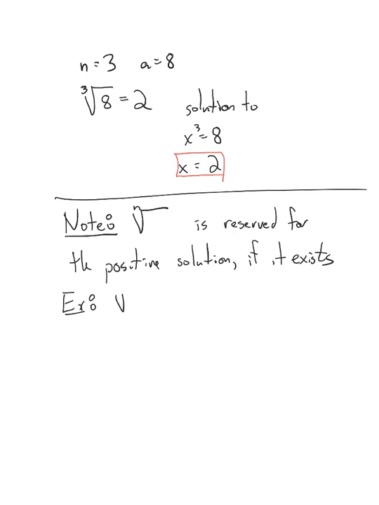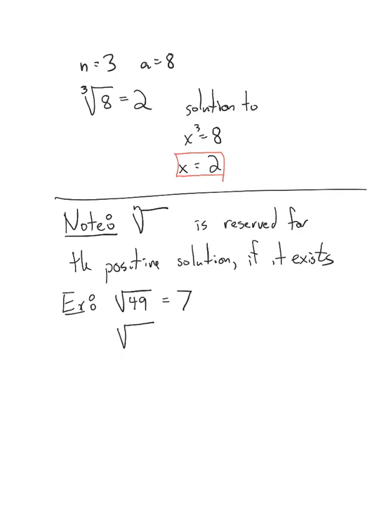So, if I write the square root of 49, that is 7. Even though x squared equals 49 has 2 solutions, 7 and minus 7, the symbol here means the positive solution, so it's going to be 7.